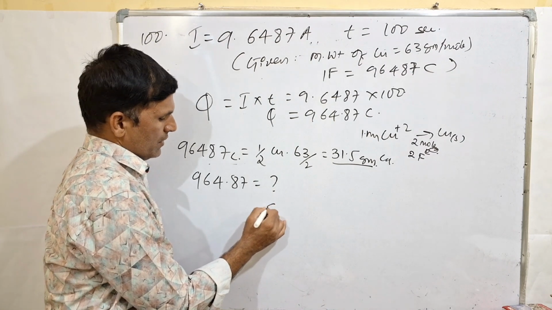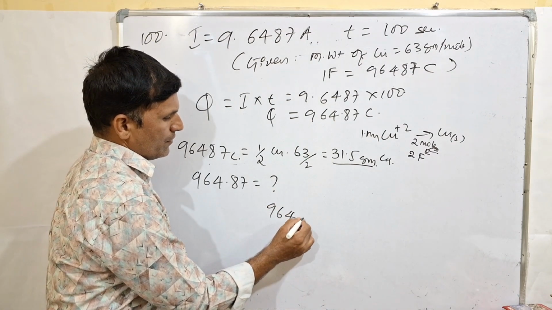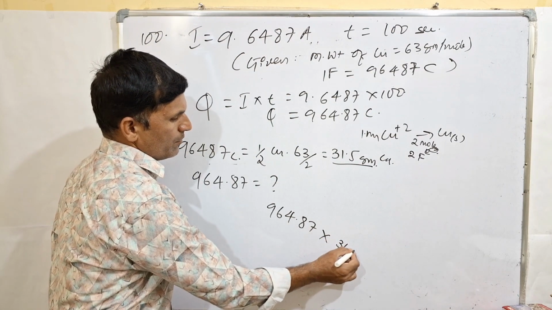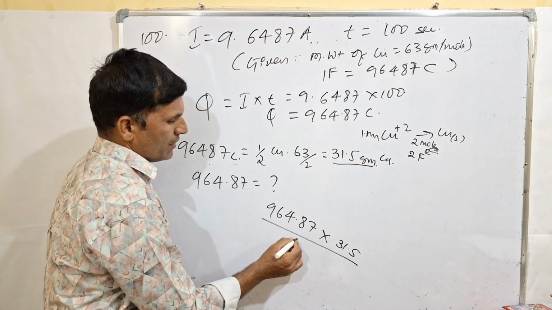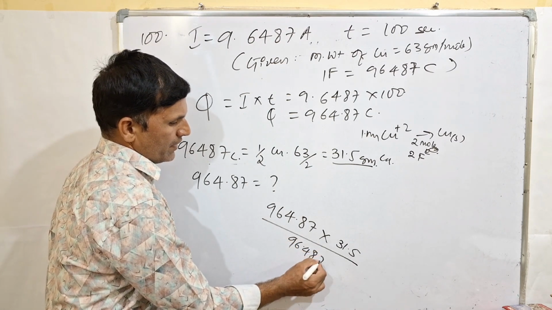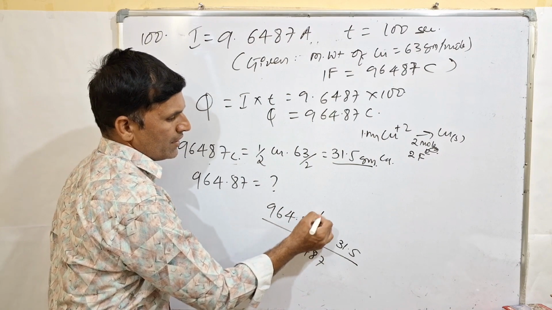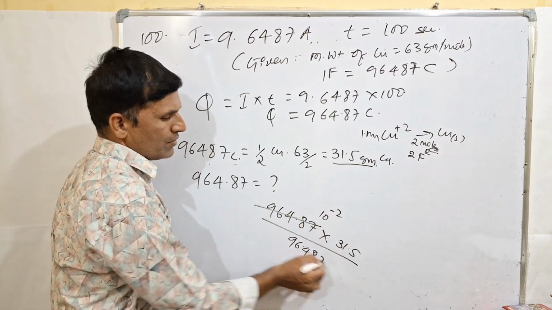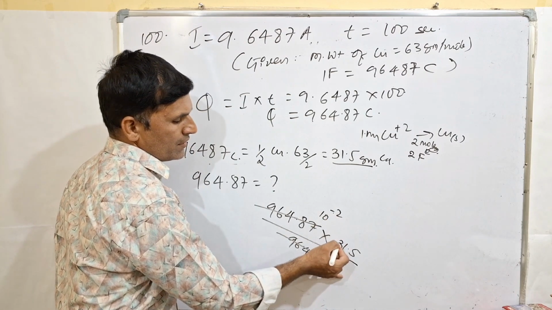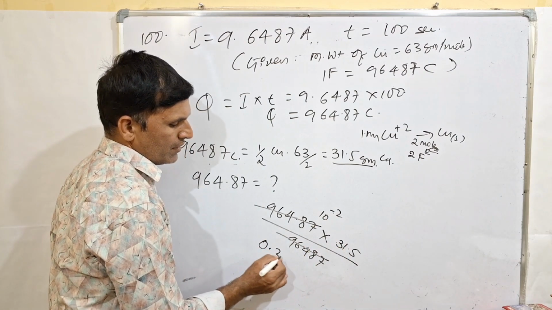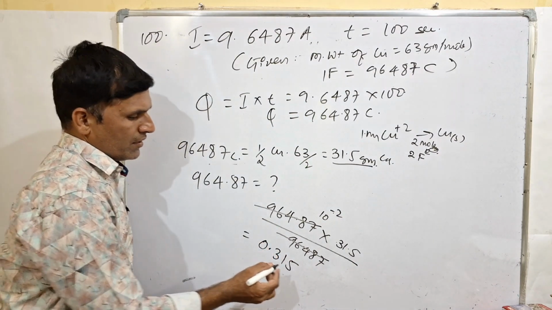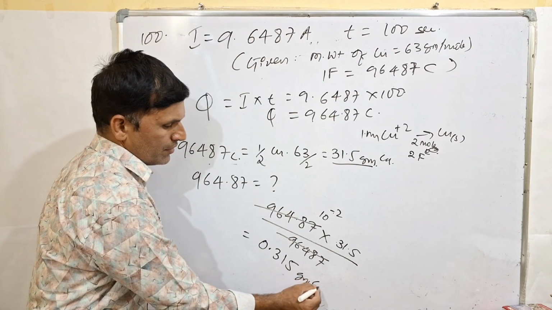So therefore, 964.87 into 31.5 divided by 96487. You shift the 2 digits here, that turns out to be 10 to the power minus 2. You cancel both and you multiply this. So it comes out to be 0.315 grams of copper going to deposit.